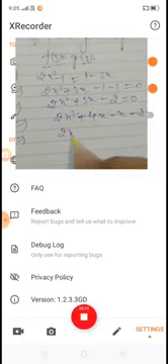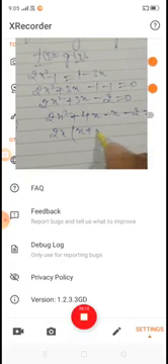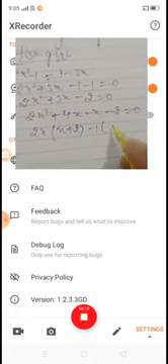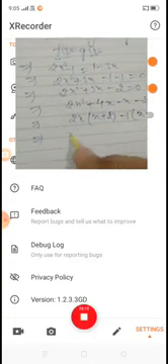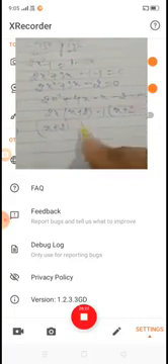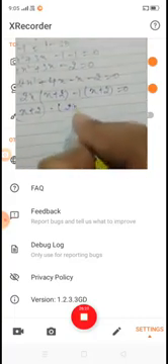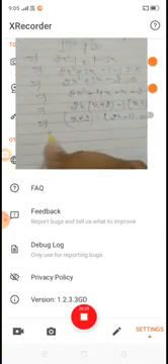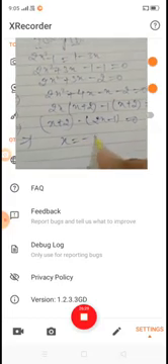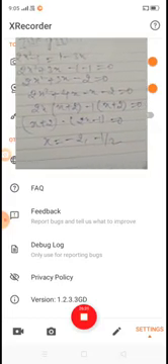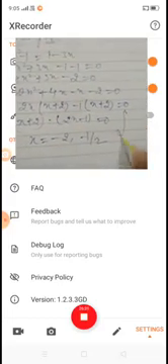Now 2x is common, that is 2x(x plus 2). Here minus 1 is common, that is minus 1(x plus 2) is equal to 0. Now we have (x plus 2)(2x minus 1) is equal to 0. So all possible values of x are x equal to minus 2 and 1 by 2. Why?